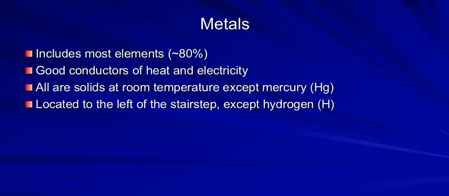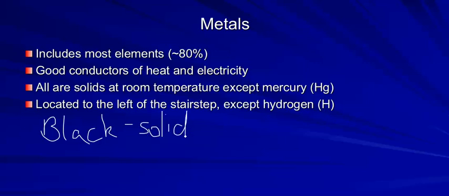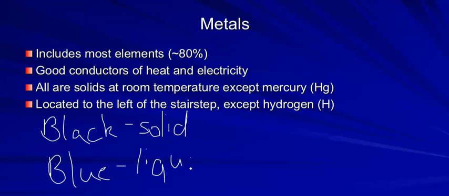Now, if you look at the periodic table on the wall in the classroom, you'll notice they have different colors for the elements. If an element is black, that means it's a solid at room temp, 25 degrees Celsius. If an element is blue, like mercury, that means at room temp it's a liquid.